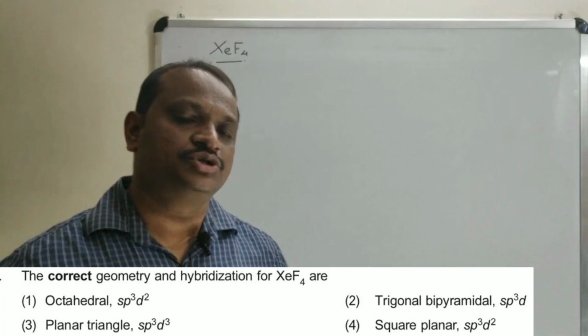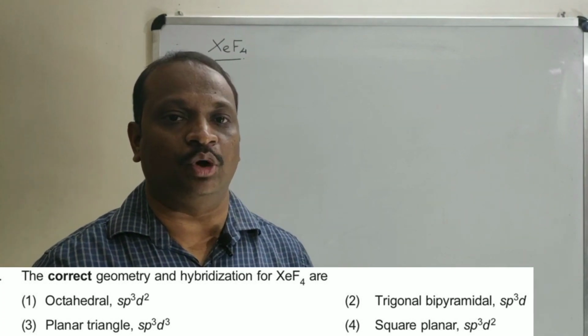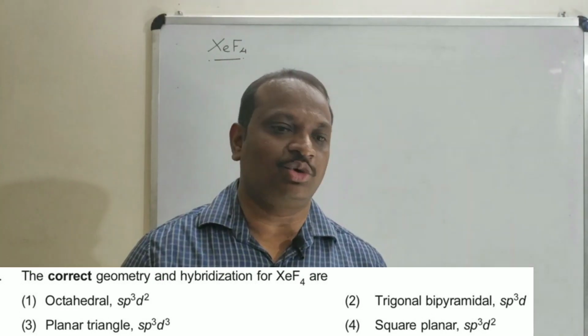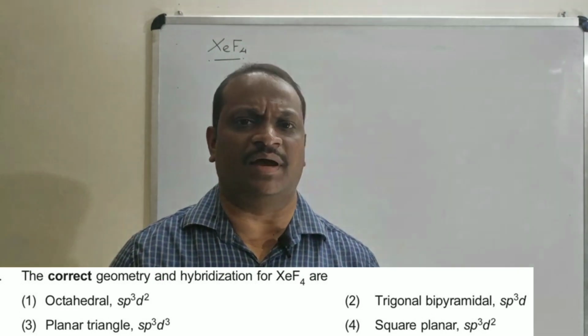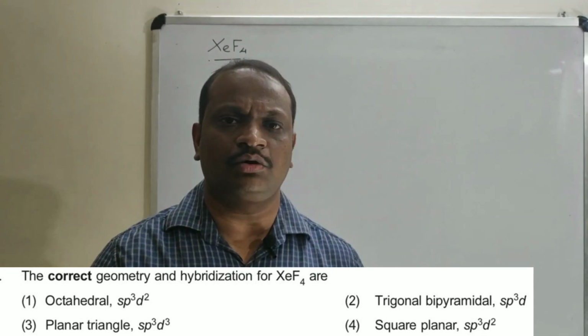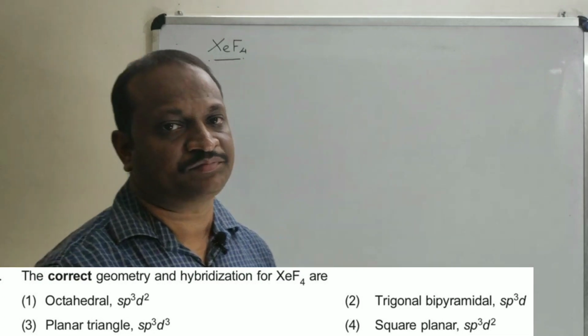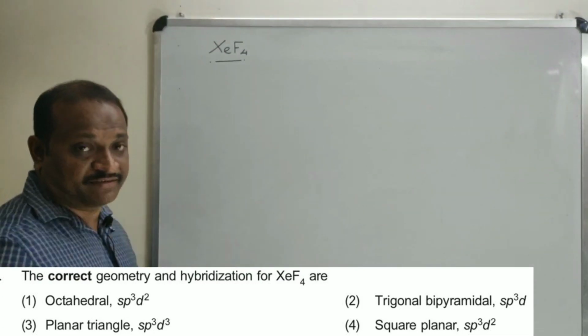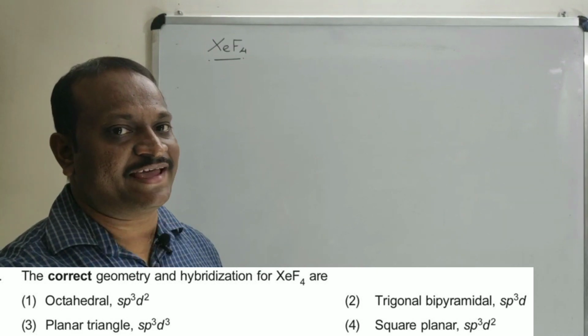The correct geometry and hybridization of the XeF4 molecule. I have told you right now how to get the hybridization. In the same manner, first of all, let's find out the hybridization, then let's think about its geometry. Xe is a noble gas. The number of valence electrons is 8.